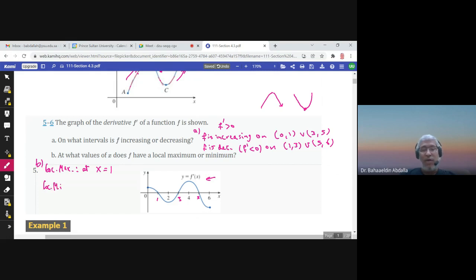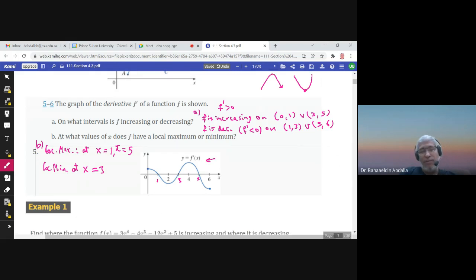Now what about 5? F prime is positive, then negative, so f is increasing then decreasing, so it's a local maximum. So we have local maximum at x equals 1 and 5, and local minimum at x equals 3.